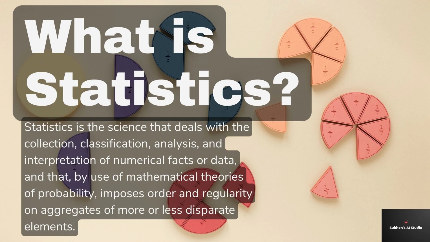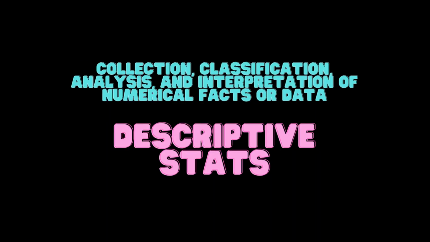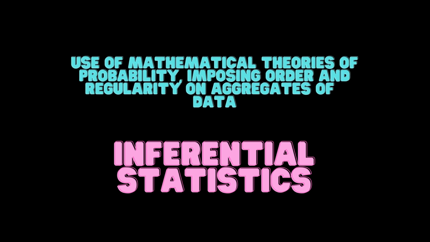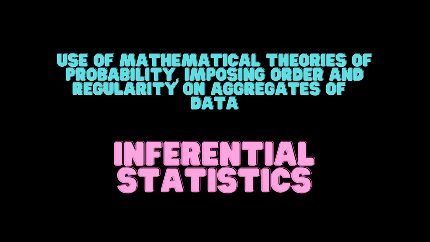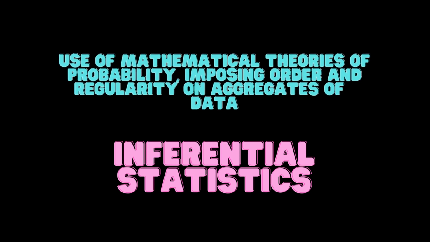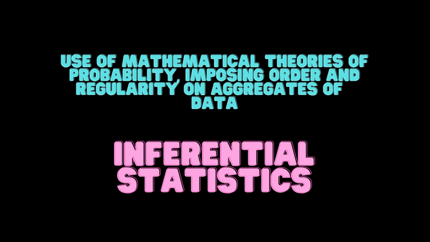Now, when we see this mouthful definition, let's divide it in two parts. The first part talks about collection, classification, analysis, and interpretation of numerical facts or data, which we call descriptive or summary statistics. The second part talks about the use of mathematical theories of probability, imposing order and regularity on aggregates of data.